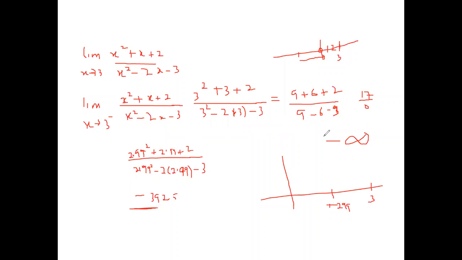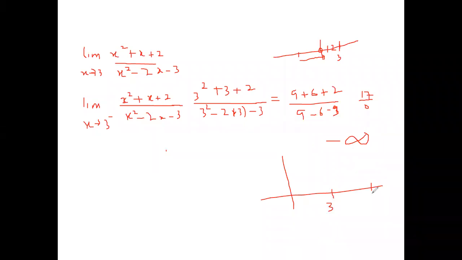Now, what if we were working from the right hand? So on the right hand, let's say this is 3. Whilst we were coming, we have bigger values like 3.9, 4, and so on and so forth.